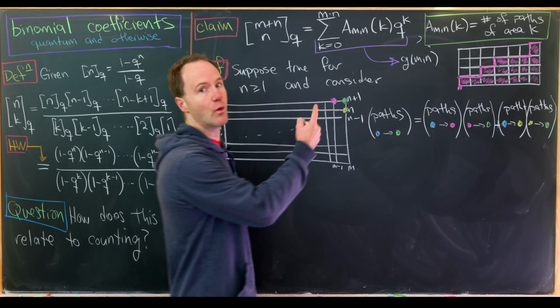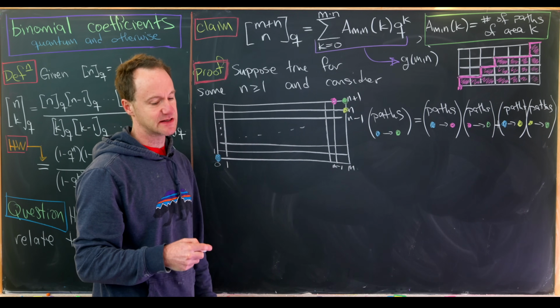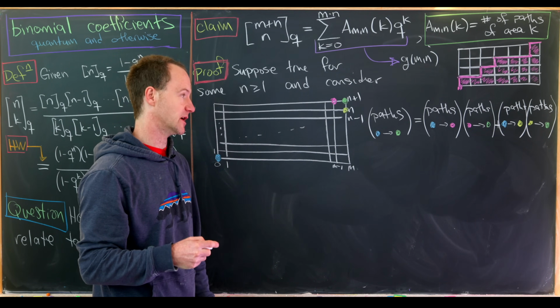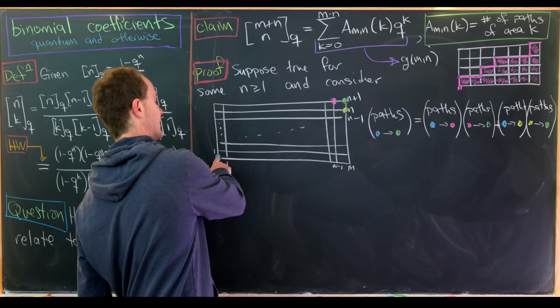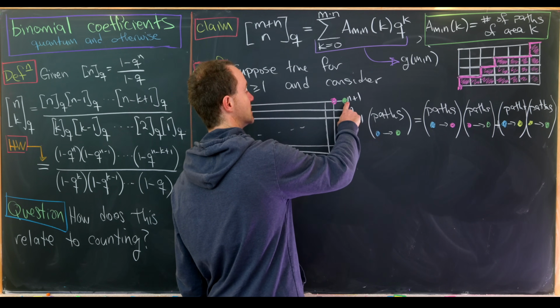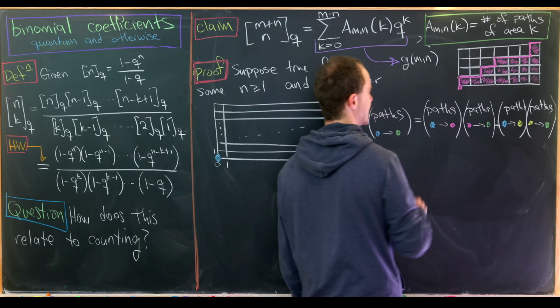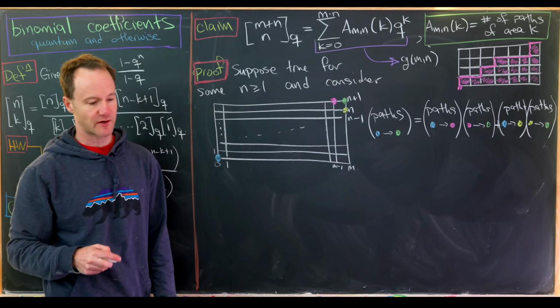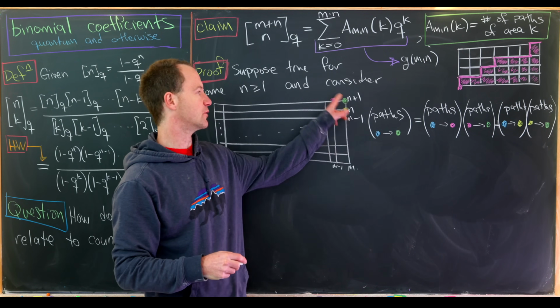Well, there's only one of those paths, but we need to keep that into consideration because we're also counting area. Or the paths from blue to yellow, and then the paths from yellow to green. So we have multiplication there to count all of our possibilities, even though there's only one path in these other ways.